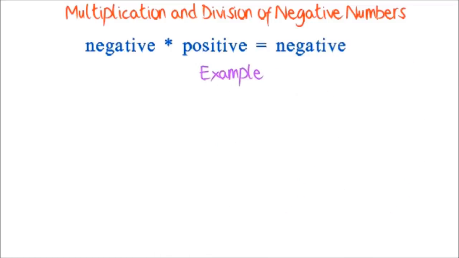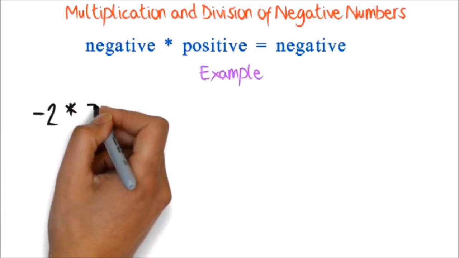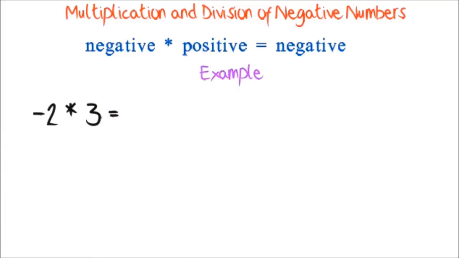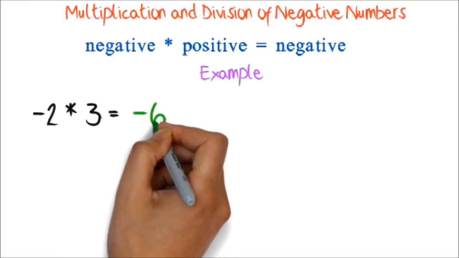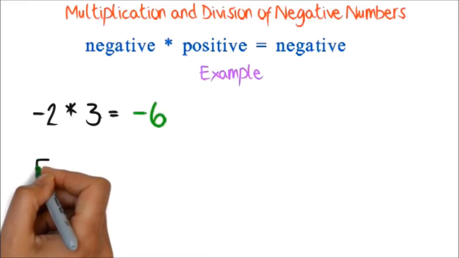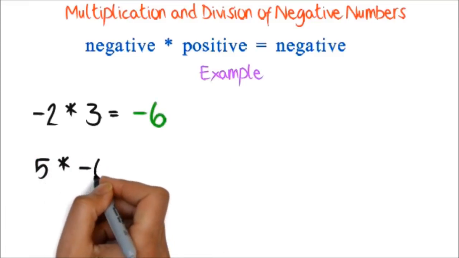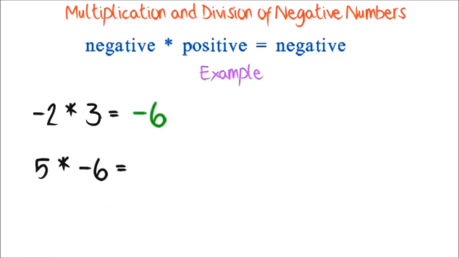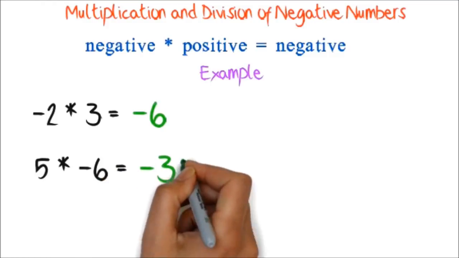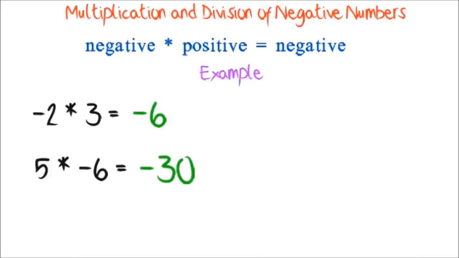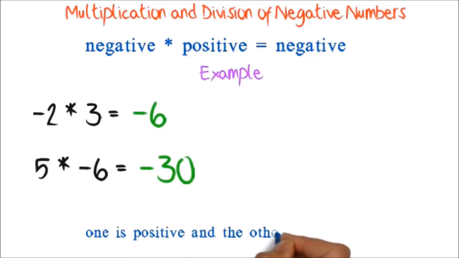Example, -2 times 3 equals -6. 5 times -6 equals -30. Notice, in both cases, one is positive and the other is negative.